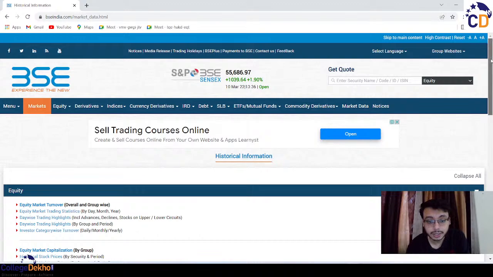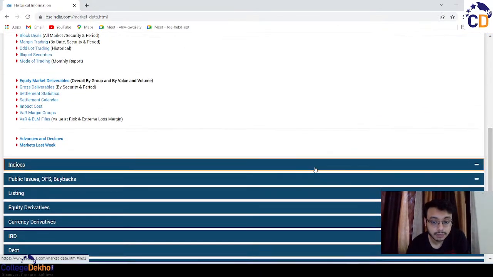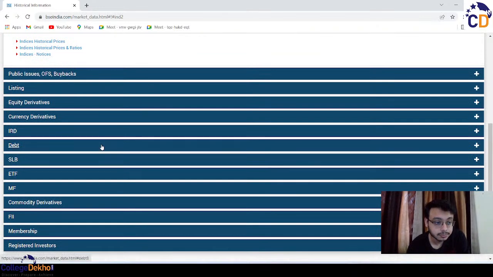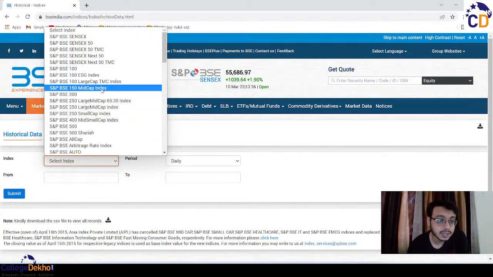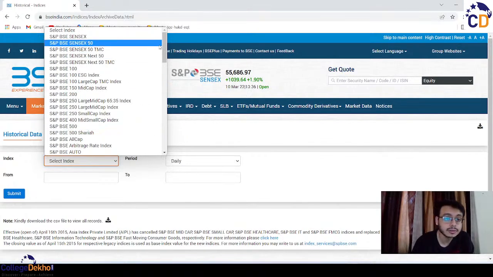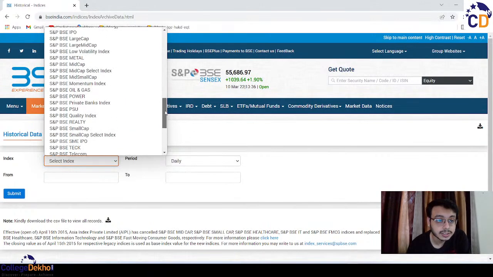Okay, you have the equity, market capitalization, all these things. Even for indices, you have this. For what index you want to calculate, you can see indices like historical data is also there. It says you basically to select any of the index. So if I select, see so many indexes, all kinds of indexes are there.